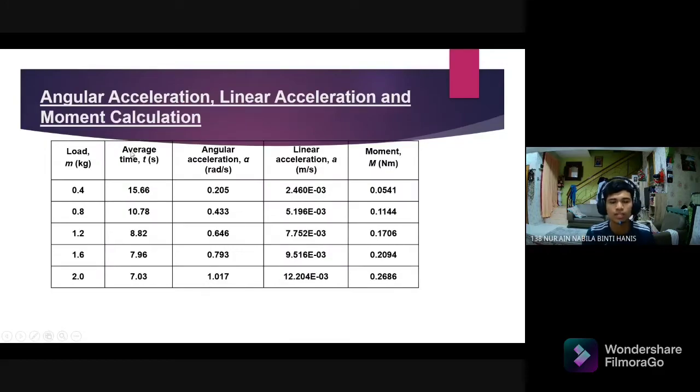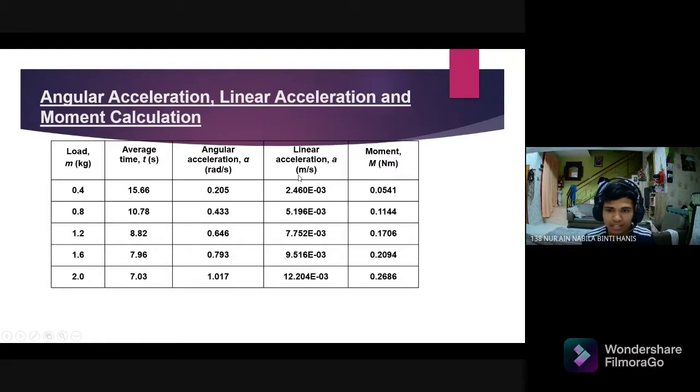Okay, and then we calculate the angular accelerations and also the moment based on the time that we get. Okay, for load 0.4 we get an angular acceleration of 0.205.